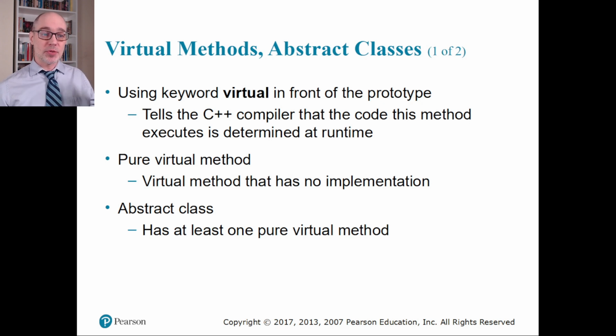If you skip giving any code in the parent class, that's called having a pure virtual method. That method doesn't have any implementation in the parent class. You're just waiting for the child classes to see what they need to do about it. When you have one or more of these pure virtual methods, then the class is referred to as an abstract class.